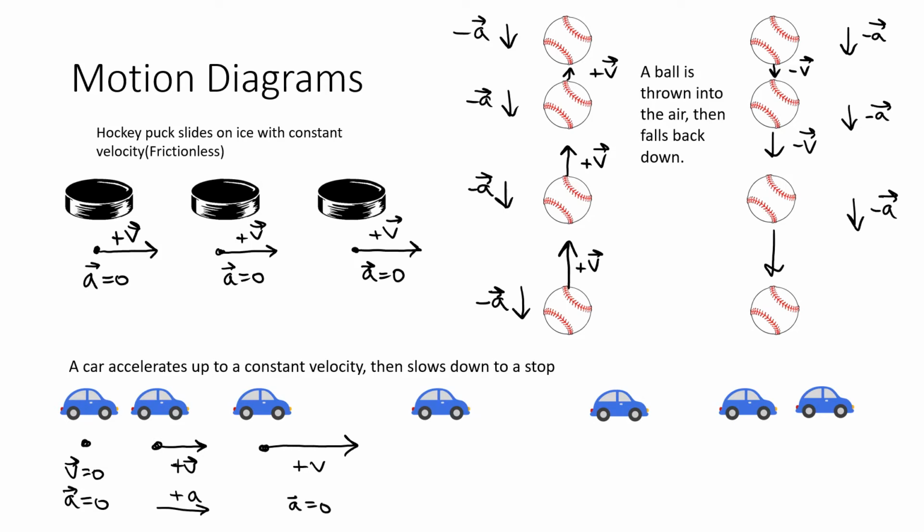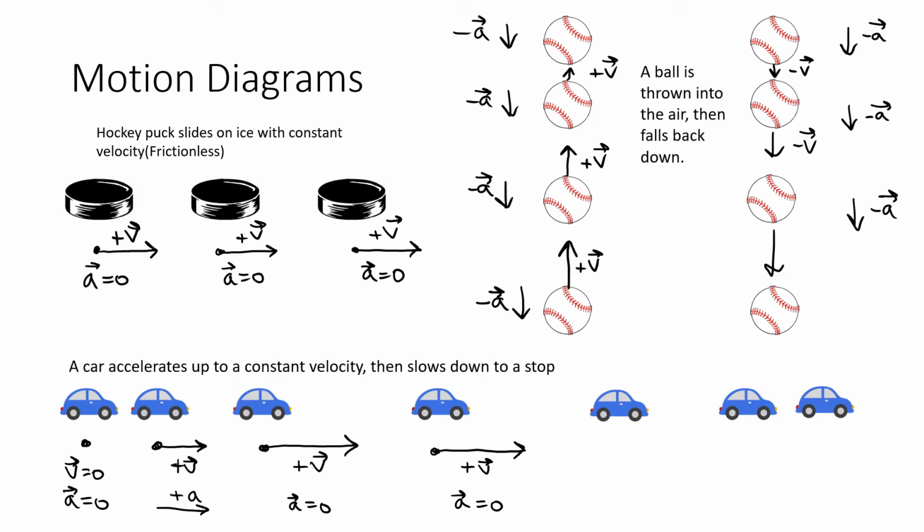So the acceleration is 0. And we continue to move with this constant velocity for at least 2 more pictures. And we're going to try to make the scale of that arrow the same. Since it's constant, acceleration remains 0.